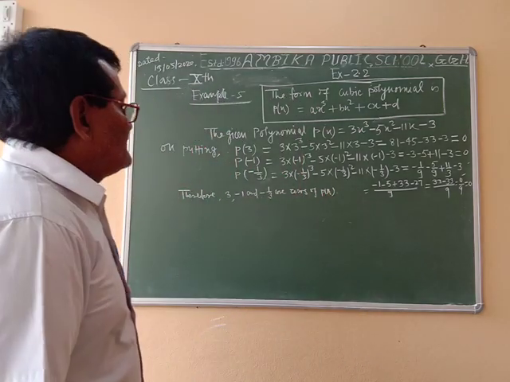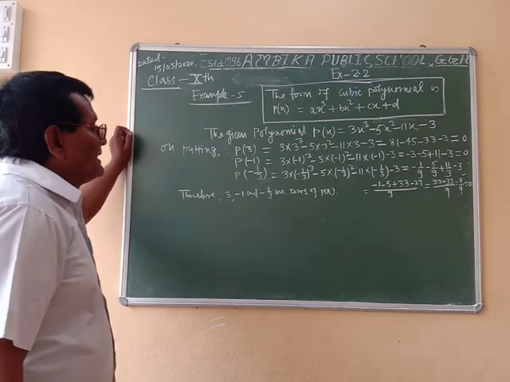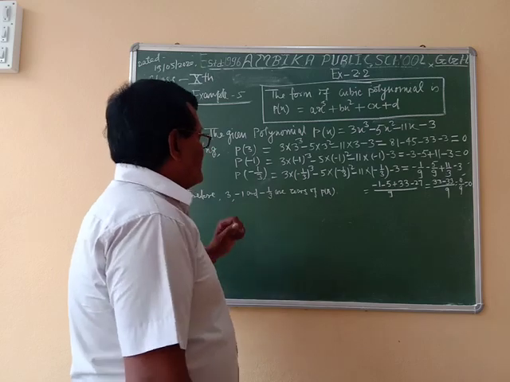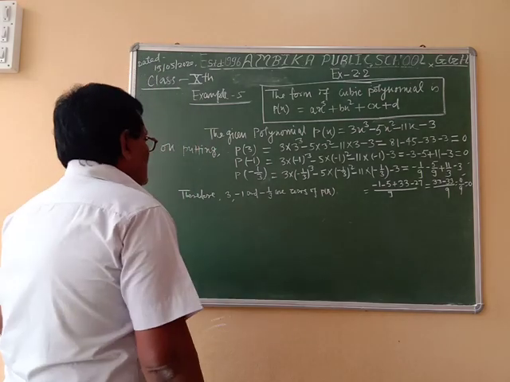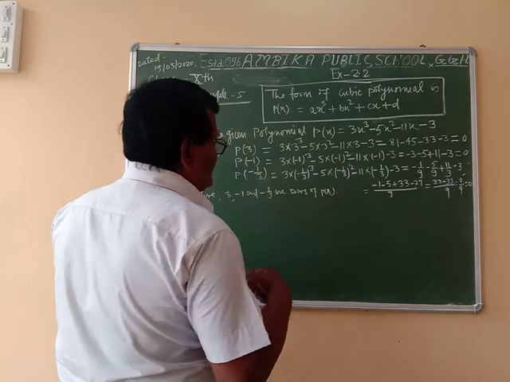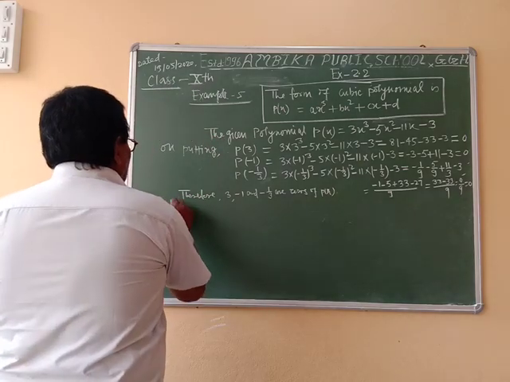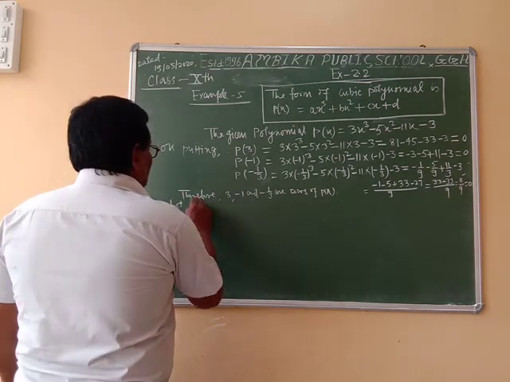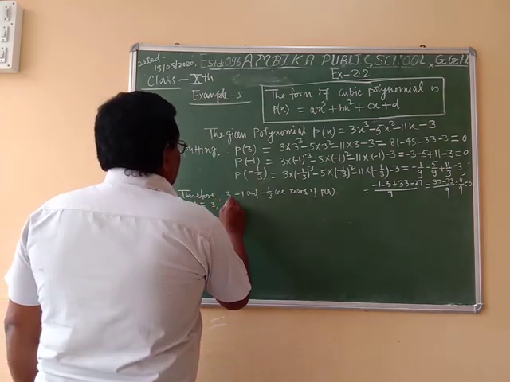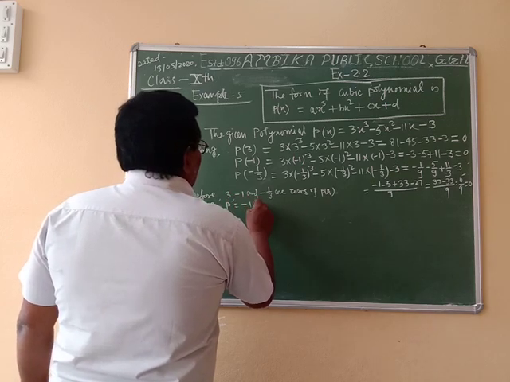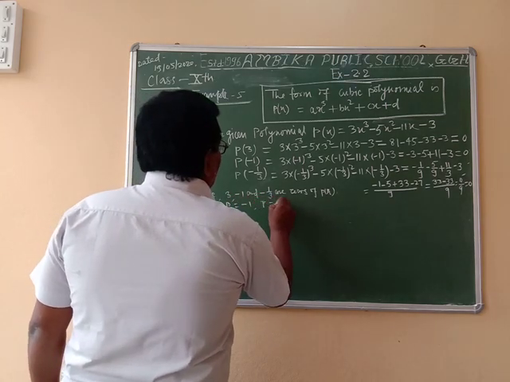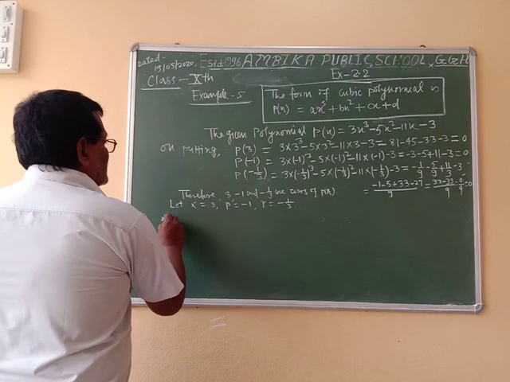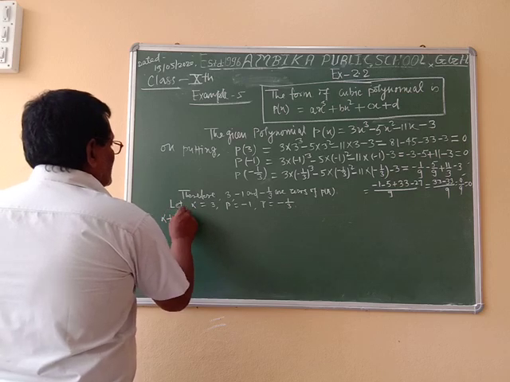Now we have to find the relation between the zeros of the polynomial and the coefficients of the polynomial. So we find at first alpha plus beta plus gamma. Let us suppose that alpha is equal to 3, beta is equal to minus 1 and gamma is equal to minus 1 by 3.